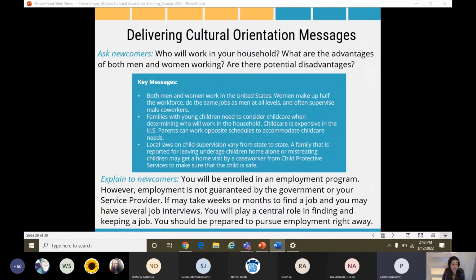However, employment is not guaranteed by the government or your service provider. It may take weeks or months to find a job, and you may have several job interviews. You play a central role in finding and keeping a job. You should be prepared to pursue employment right away. So just in those 3 sentences, I've incorporated multiple components of the key cultural orientation messages that I shared on both sides.